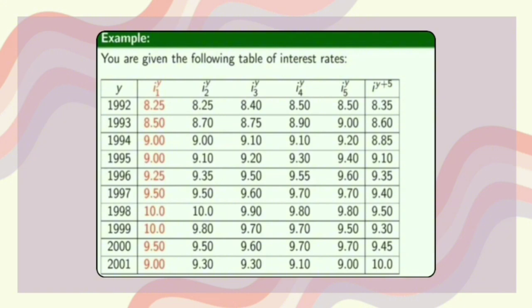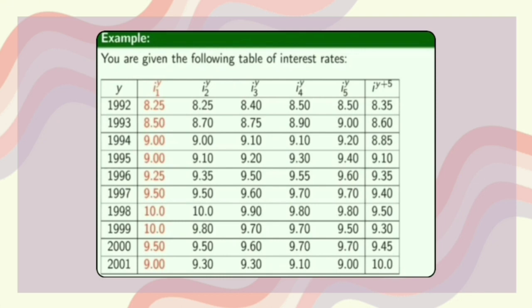So in this example, we have a 5-year segregation, which means it is segregated from the main fund for 5 years, and after 5 years you are placed in the main fund. What does that mean? Once you are in the main fund, you can now apply the portfolio rates to your investment. Like for example, you are a new investor from year 1997.